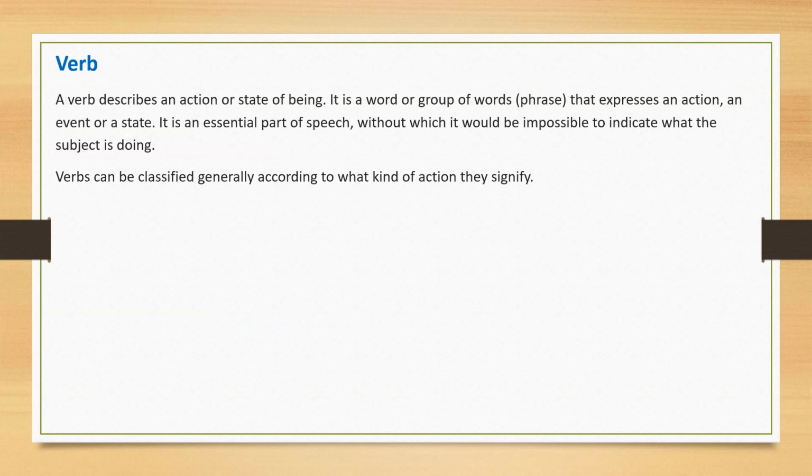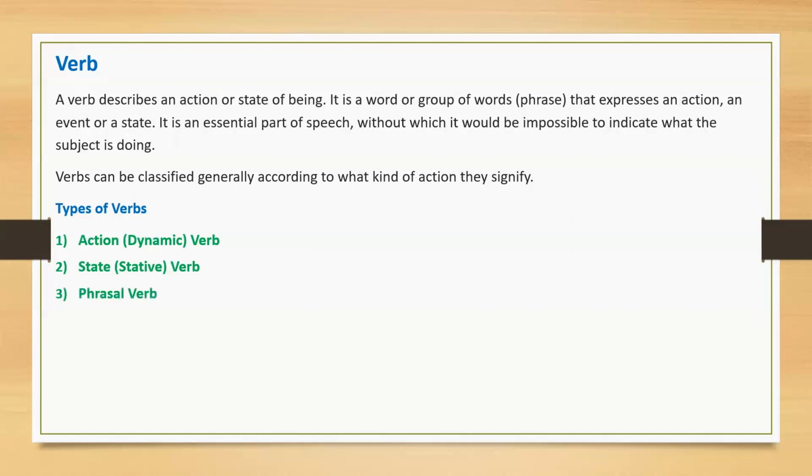Verbs can be classified generally according to what kind of action they signify. There are different types of verbs like action verb, also known as dynamic verb, state or stative verb, phrasal verb, linking verb, helping verb or auxiliary verb, and modal verb.